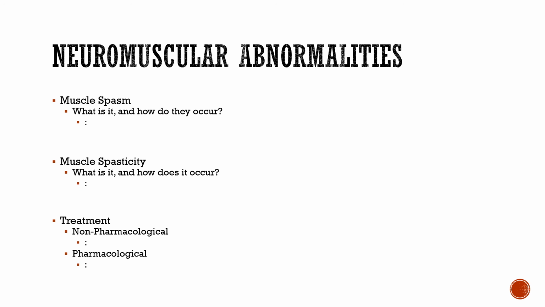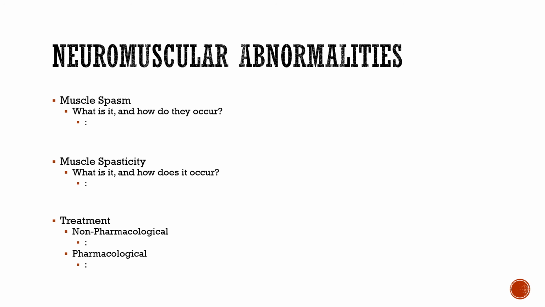So it could be direct mechanical damage, like brain or spinal cord injury from a motor vehicle accident, or falling a great distance or whatever. It could also be due to internal conditions that cause the damage, such as multiple sclerosis, stroke, cerebral palsy, things like that.